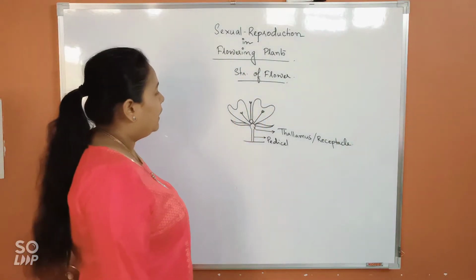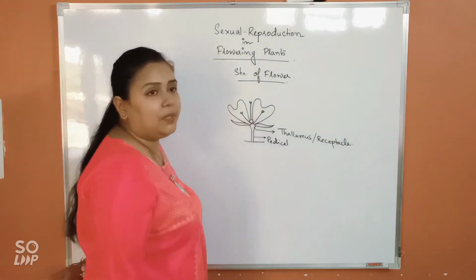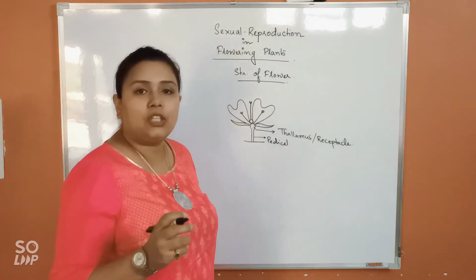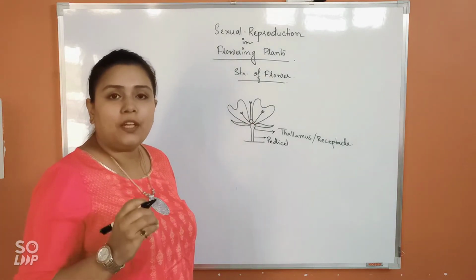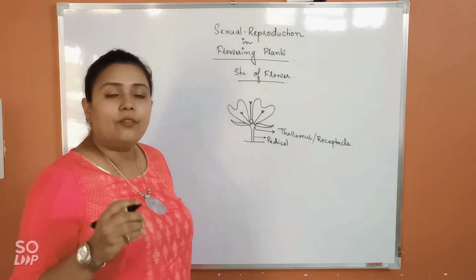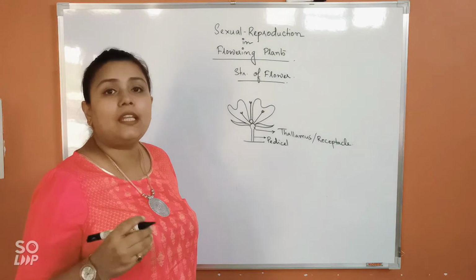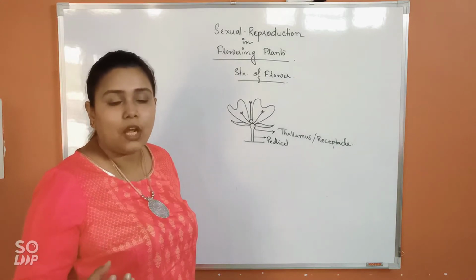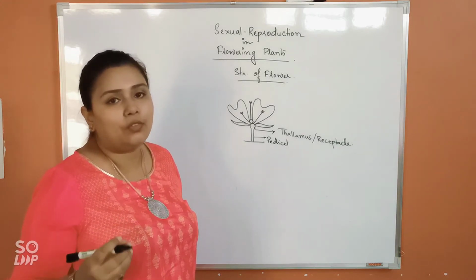Now, this thalamus or receptacle is actually the specialized shoot which bears various nodes in the form of a whorl. So from these nodes arise the leaves, the modified leaves which are going to act as the parts of the flower.